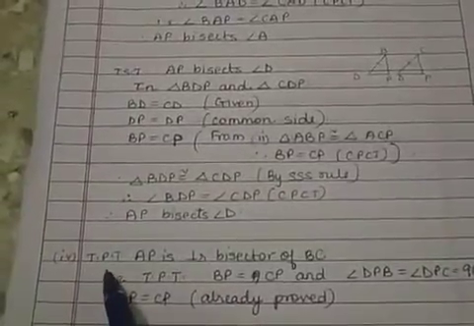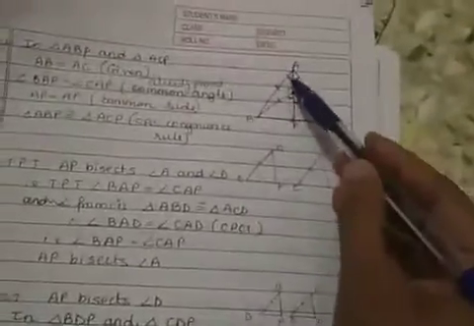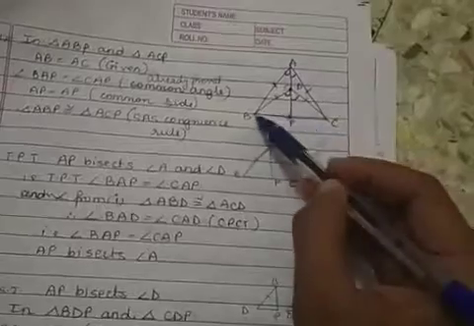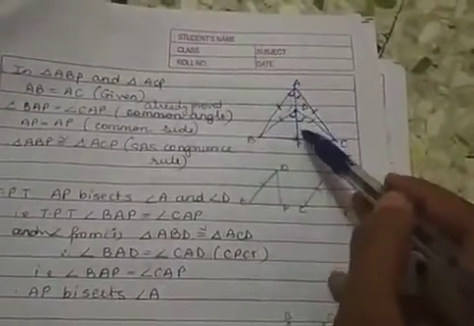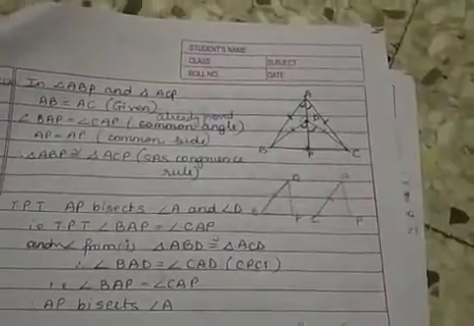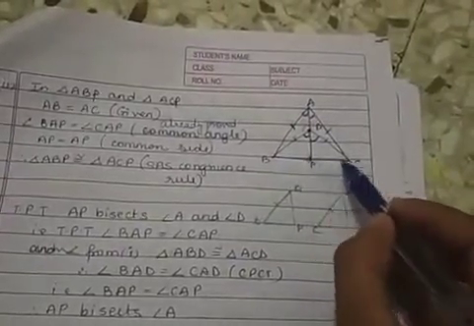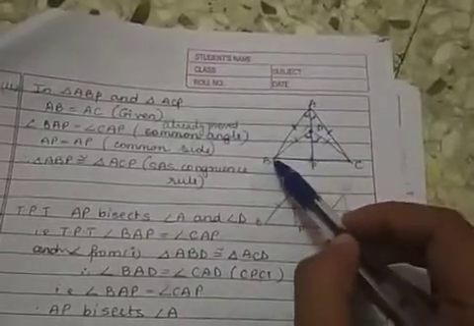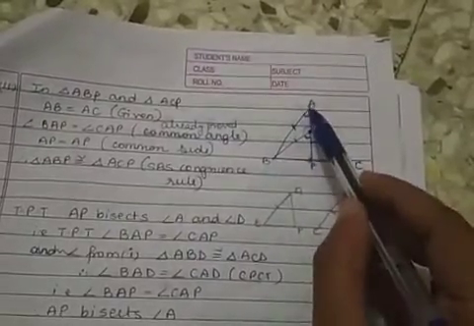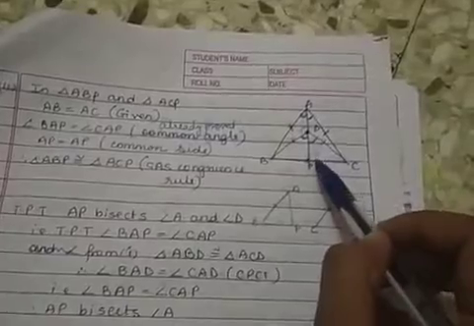The fourth and the last part is we have to prove that AP is a perpendicular bisector of BC. So what does it mean that it is a perpendicular bisector? We have to show that BP is equal to CP, and also angle APB is equal to angle APC is 90 degrees. So we have to show this is 90 degrees.